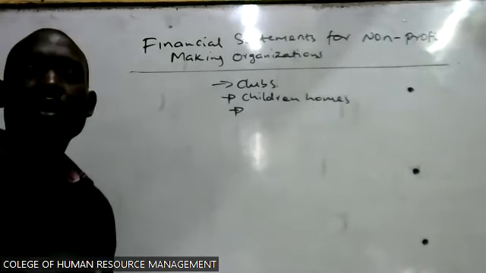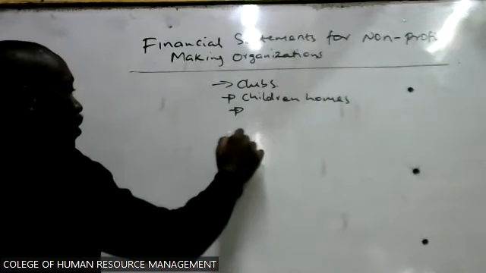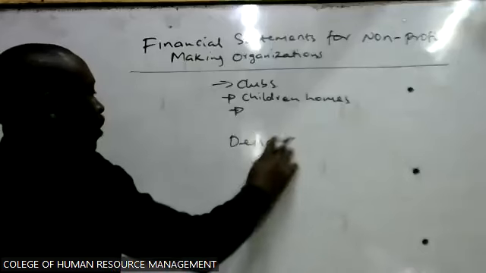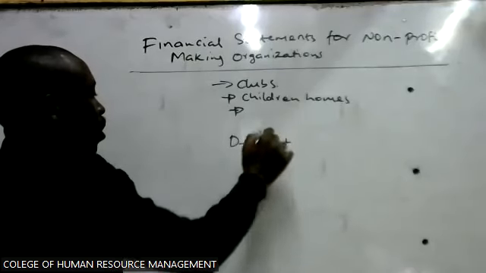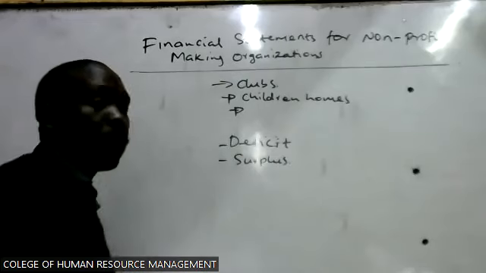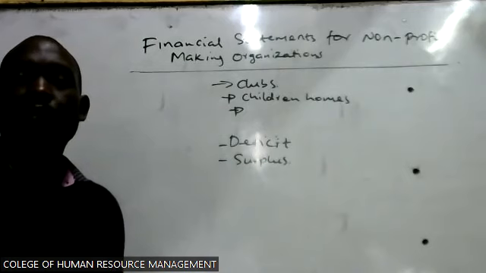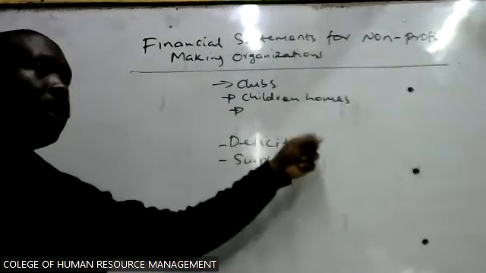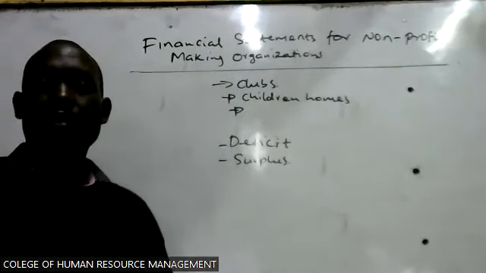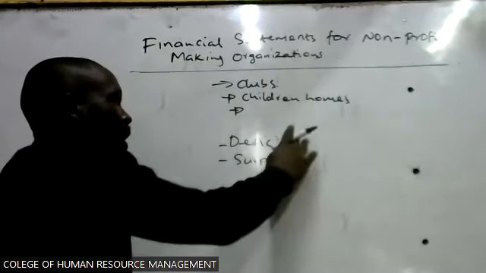The difference between the income and the expenditure will either be a deficit or a surplus. You are not going to have profit or loss because these organizations are not there to make profit or loss. So when the income exceeds the expenditures, we are going to have a surplus.